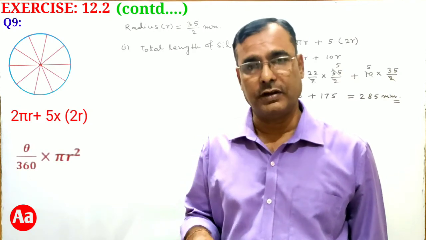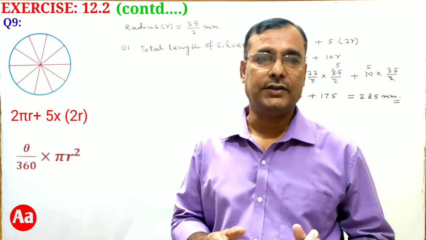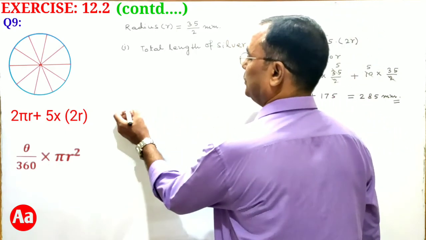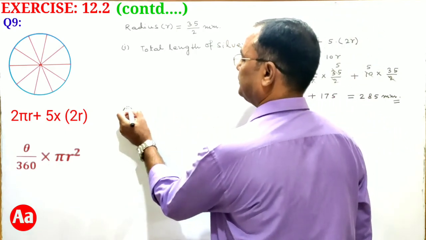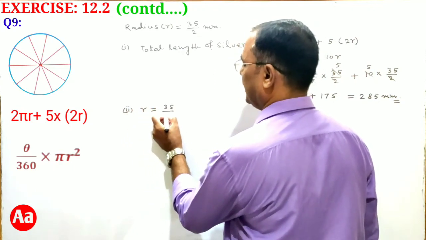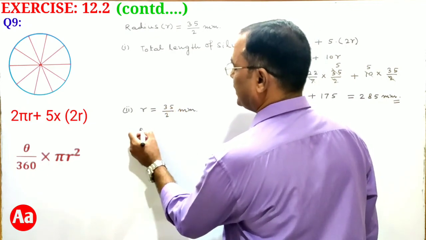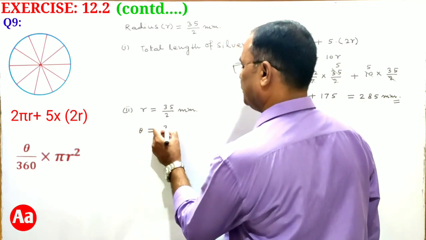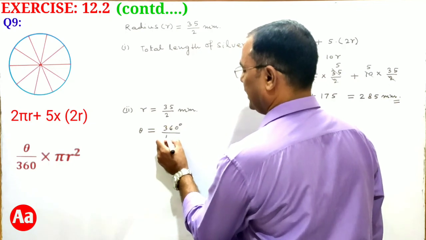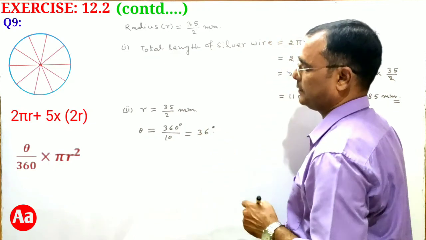5 diameters are drawn, so these 5 diameters divide the circle into 10 equal sectors. So in second part, radius 35 by 2 millimeter and sector angle theta is equal to 360 by 10, this is 36 degrees.